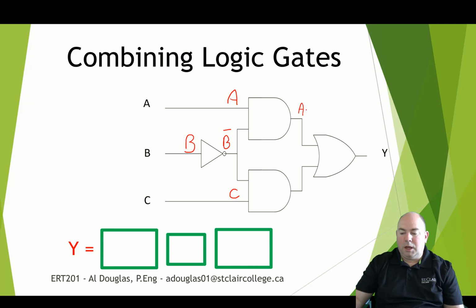So that becomes A and B not, or B bar we'll call it, B bar and C. B bar and C. And then we OR these two things together. And we come up in the end with, I'm just going to put some brackets in here.